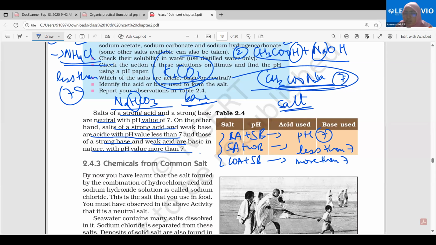Nitric acid. If you don't know the names, please write them down. Nitric acid, HNO3.